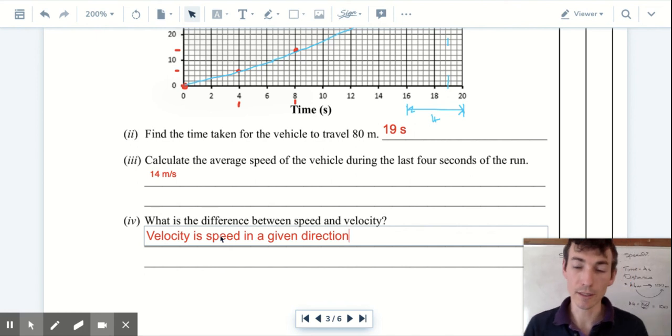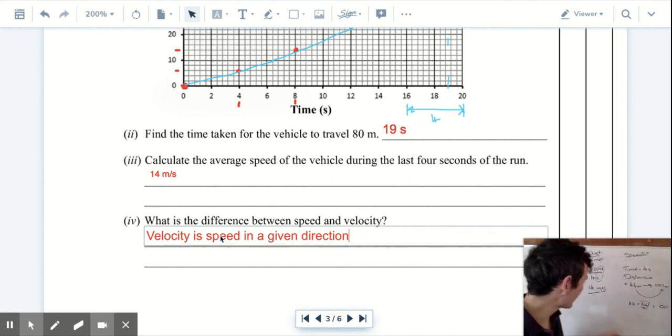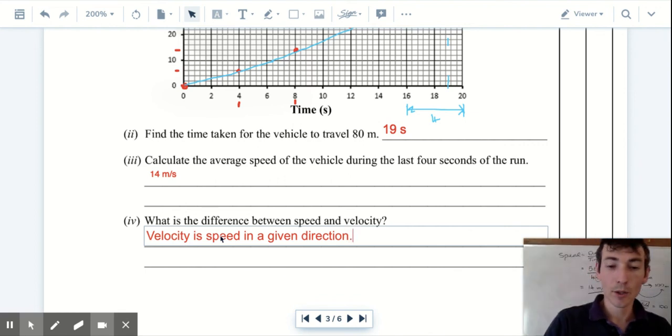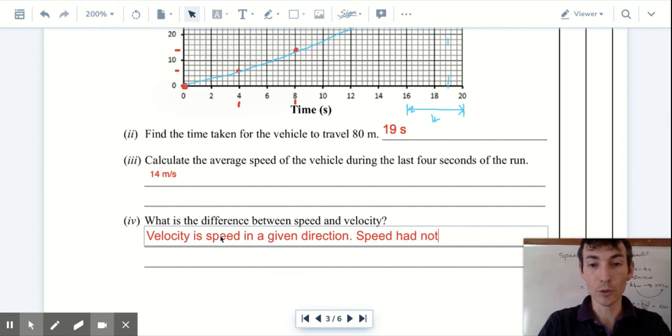Velocity could be, for example here, 14 meters north or 14 meters east or west. So that would be a direction given. Whereas speed has no direction given. That's the difference between speed and velocity.